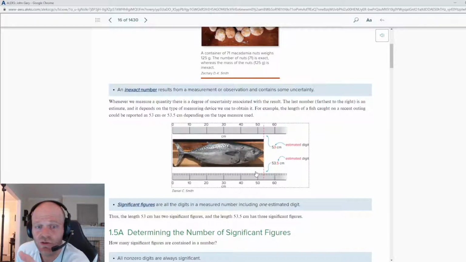If you look at it, you may say it's 53.5, okay? And that's not a problem, we all see things differently, right? Some people see it glass half full, some people see it glass half empty. The important thing is to be consistent, right? If you like to favor the 0.5, always favor the 0.5. If you like to favor being right on the number, always favor being right on the number. Just be consistent, and that'll lead to more consistent results. Okay?